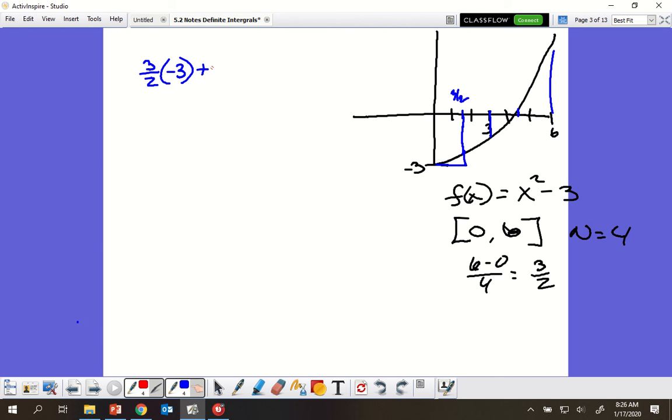Okay, so now if it has to be a left-hand alignment, let's figure out what the point is going to be. So at 3/2, what's my function supposed to be? F of 3/2.